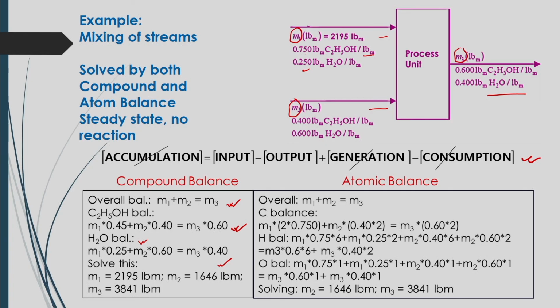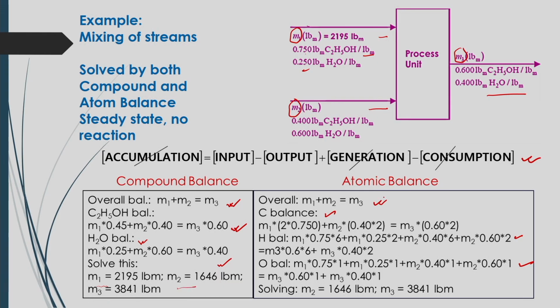Similarly, we can write the atomic balance also, overall balance from that, then atomic balance like for carbon only, for hydrogen only what will be the balance, for oxygen only what will be the balance. Now, solving these equations, as per compound balance and overall material balance, you can solve this equation to get the unknown variables, and after solving this you can get M1, M2 and M3.